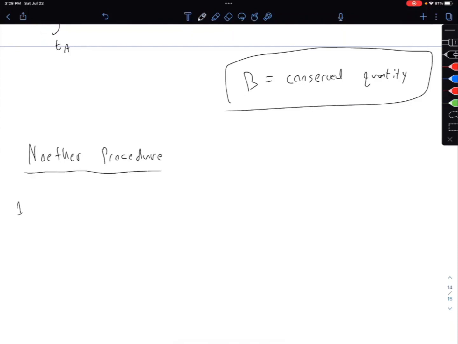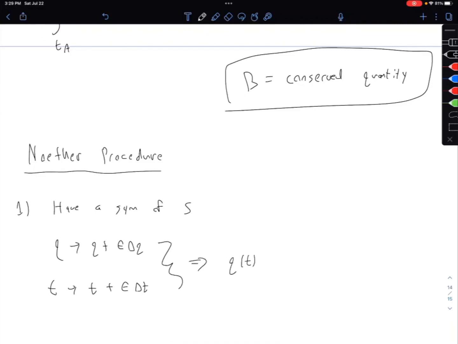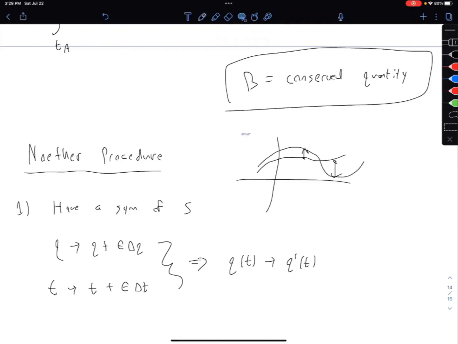One, you have a symmetry of the action: Q goes to Q plus epsilon delta Q, T goes to T plus epsilon delta T. Then you take this and turn it into some deformation of paths, because if you can deform every point, you can deform any path.